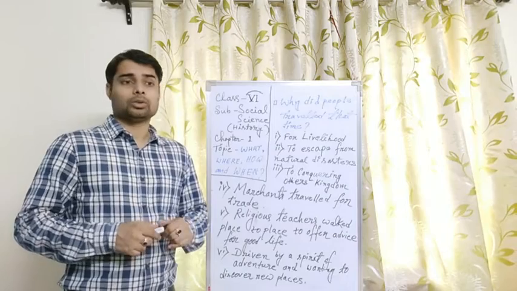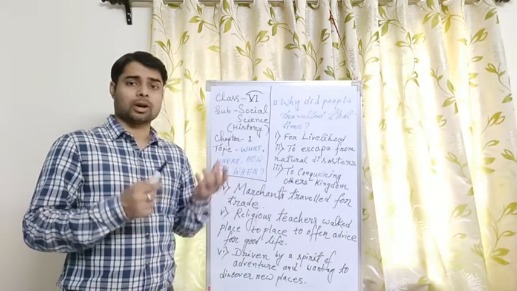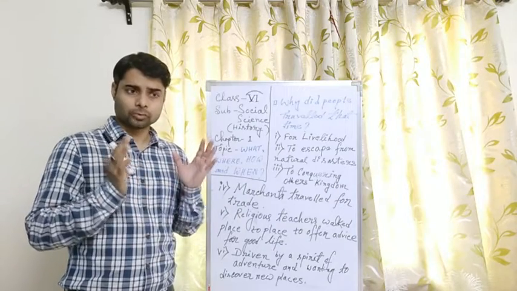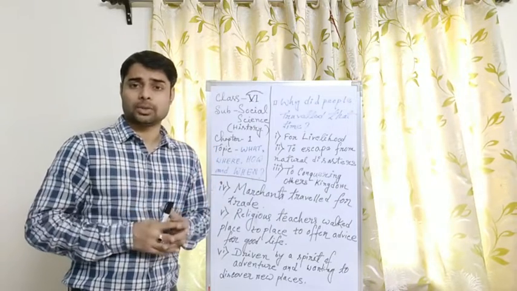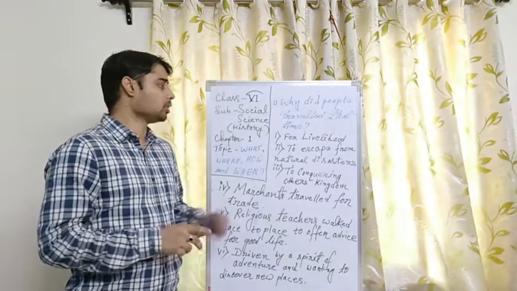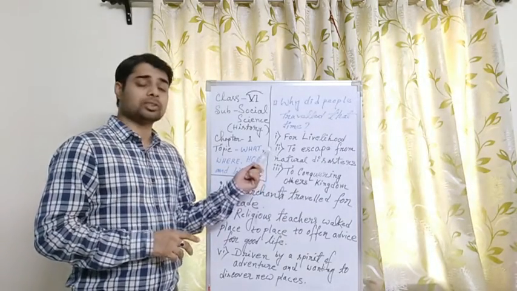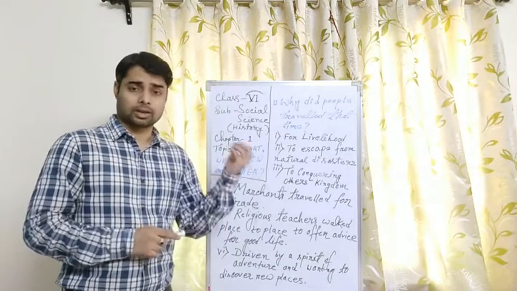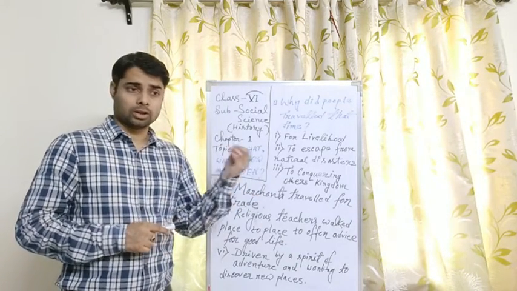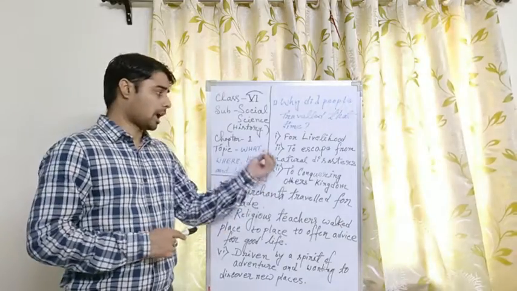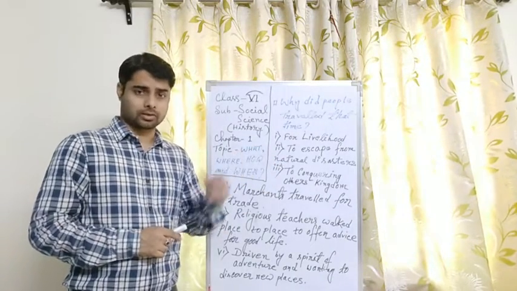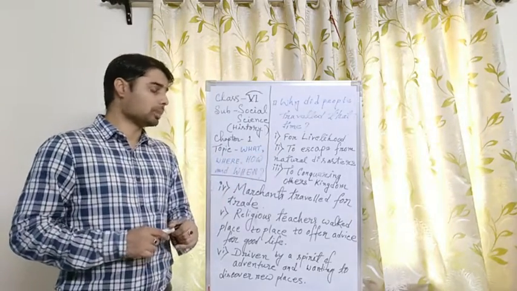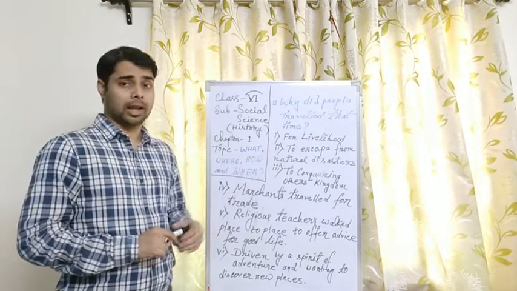At that time natural disasters were very cruel to people because scientific development was not there, so people were very afraid of heavy rainfall, flood, drought, earthquake, etc. So they moved from one place to another to save their lives.